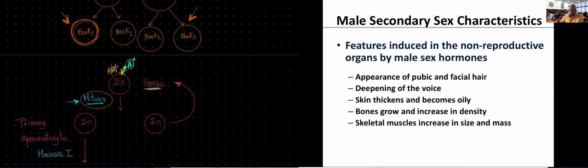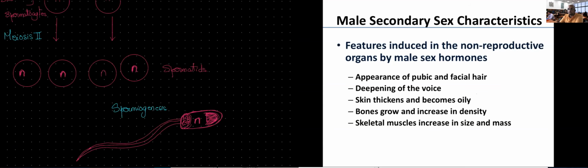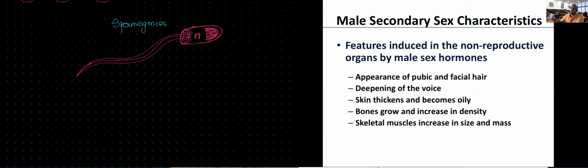So we're looking here at the male secondary sex characteristics. Other than the effect of the androgens on the testes to produce sperm, the androgens are also responsible for the appearance of the secondary sexual characteristics in males, like the appearance of pubic and facial hair, deepening of the voice, thickening of the skin, and the skin becomes oily.